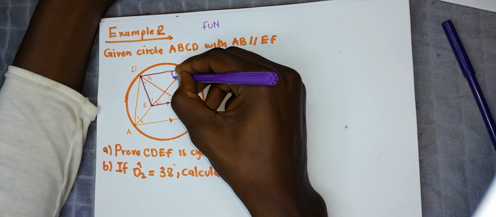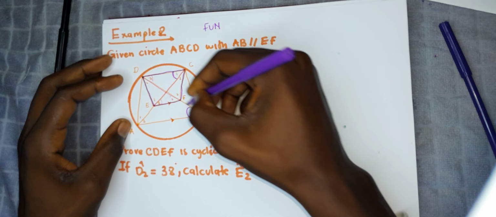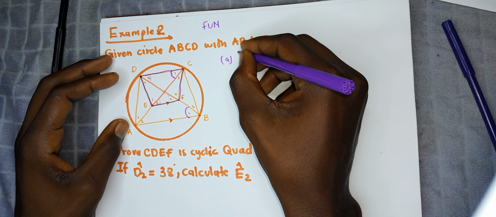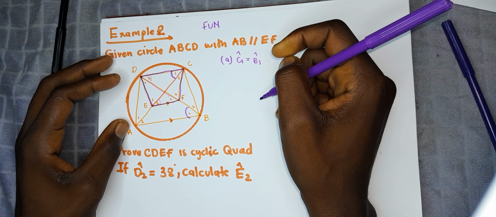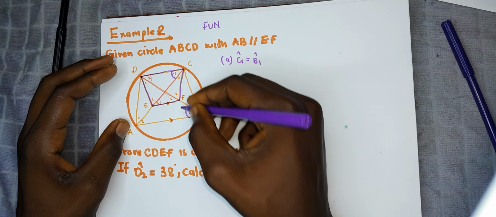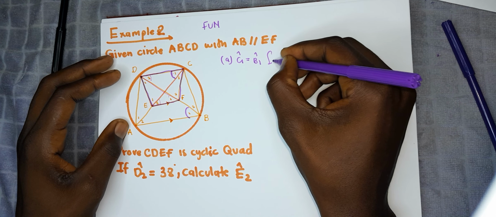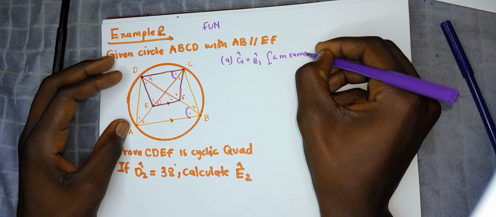We can conclude that this particular C1 is equal to this, because these angles are separated by the same chord. Then we can say that angle C1 is equal to angle B1. Why do I say so? Angle in the same segment.